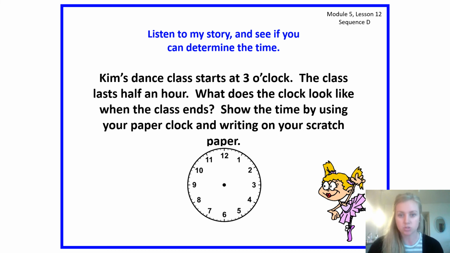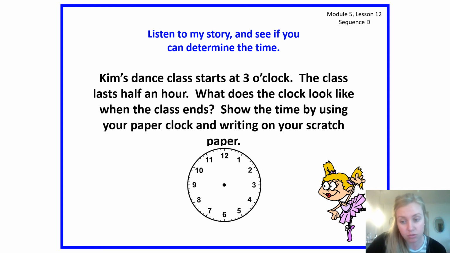Now listen to my story and see if you can determine the time. Kim's dance class starts at 3 o'clock. The class lasts half an hour. What does the clock look like when the class ends? Show the time by using your paper clock and writing on your scratch paper.